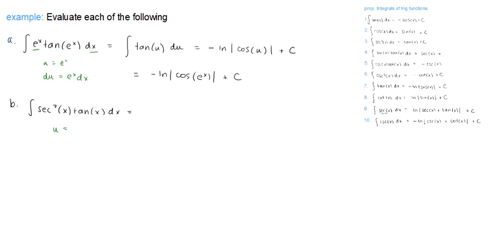You might have tried a couple of things, but for now I'm going to tell you this is going to be a substitution, okay? And the reason that I know that this is going to be solved using a substitution is that I know that I have a tangent of x over here, and I have secant of x to the power of 7. That means I have 7 factors of secant of x.